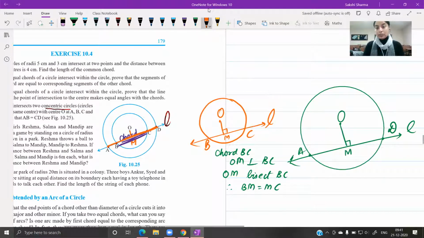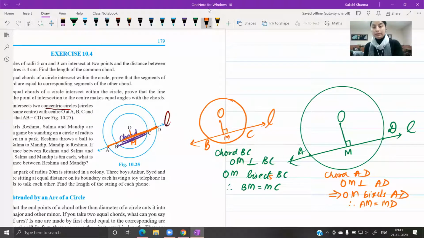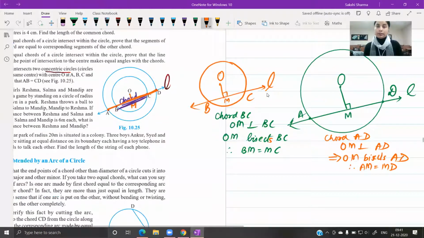Now in the larger circle, the chord is AD, and OM is perpendicular to this chord from the center. So this will bisect the chord, and you will conclude from here that AM equals MD. These are the two results which we have obtained with the help of what we constructed here.